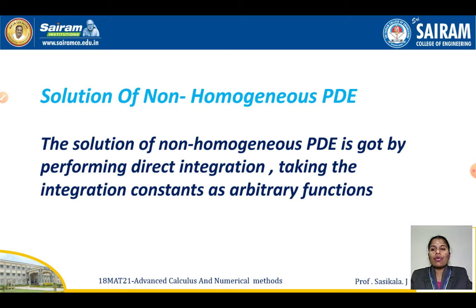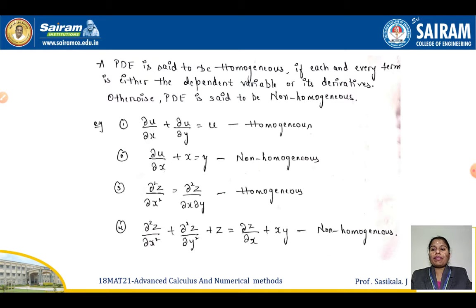Now we can see some examples of homogeneous and non-homogeneous PDEs. A PDE is said to be homogeneous if each and every term is either the dependent variable or its derivatives. Otherwise, the PDE is said to be non-homogeneous. You can see that dou u by dou x plus dou u by dou y is equal to u.